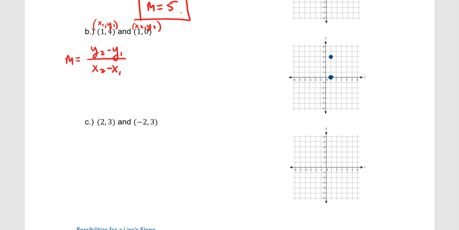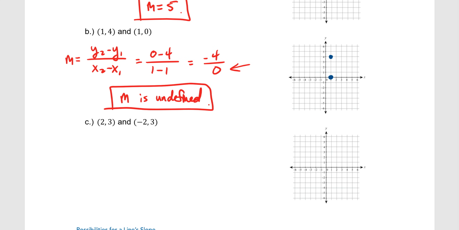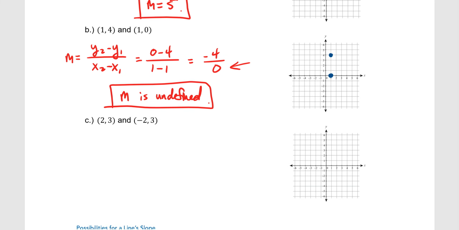And let's go ahead and plug them in. I erase that so it's not in the way. So it's going to be 0 minus 4 over 1 minus 1. That's -4 over 0. Whenever we have a 0 in the denominator, that means the slope is undefined. So the slope is undefined because we cannot divide by 0. So vertical lines have undefined slope.